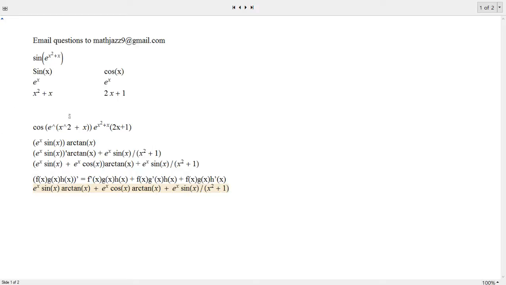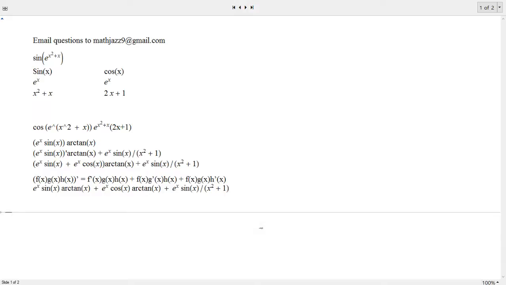If we notice, if we just multiply this arctangent here by these two terms, if we distribute the arctangent, we come up with the same answer that we got here. So that's kind of nice. And it works for any number of functions being multiplied together where you need to take the derivative of that product of functions.